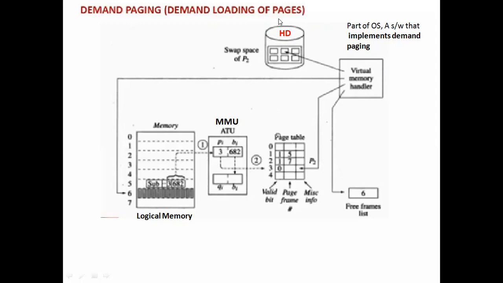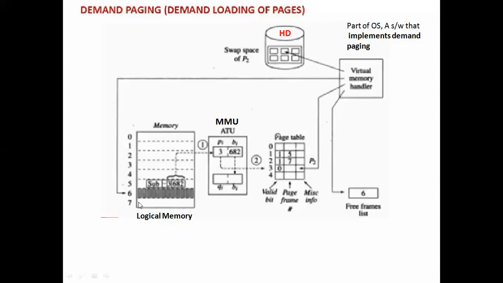And this is the hard disk, where we have reserved some space for the remaining pages of the process P2. This swap space is nothing but some reserved area in the hard disk where we can store the pages of the process.